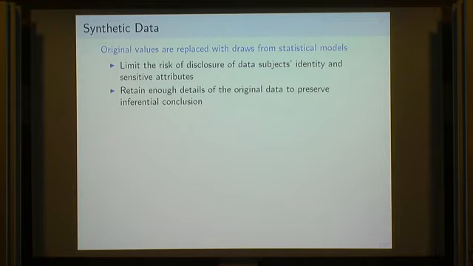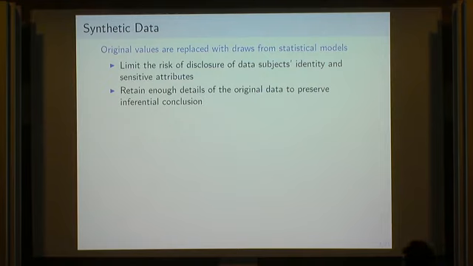This raises the matter of data utility. If the generated data set correctly holds the inferential properties of the original data set, then we say there is good utility. If not, then probably there is no use of the synthetic data.